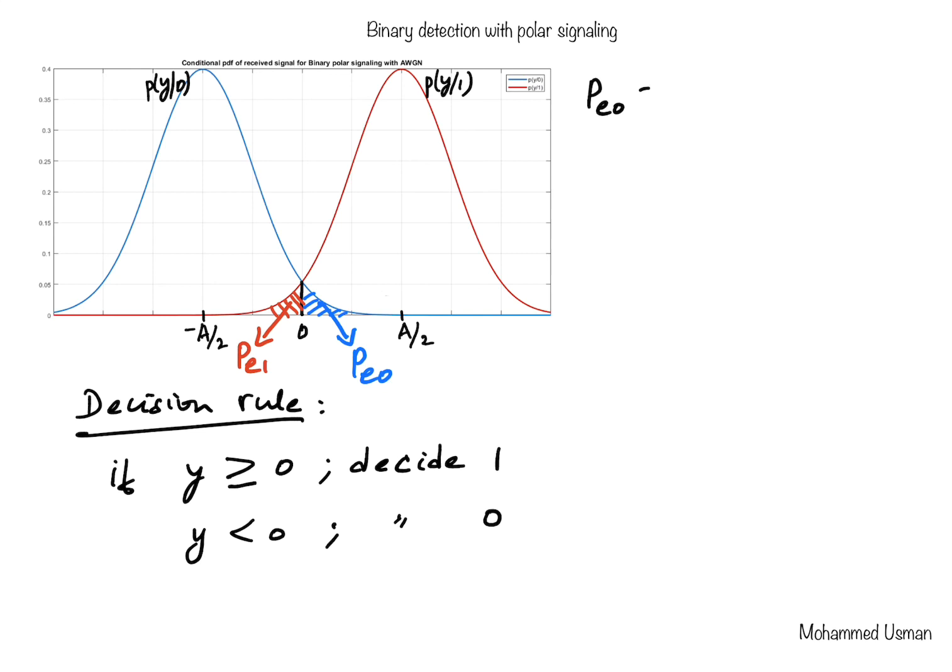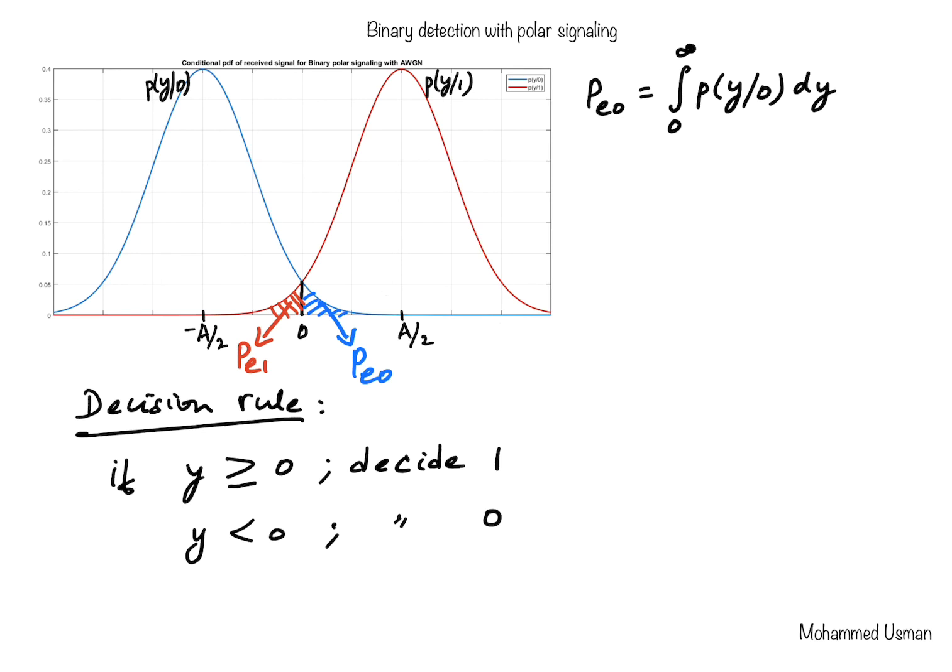PE0 is the area under P of y given 0, the conditional PDF of y when 0 is transmitted, to the right of the threshold, that is from 0 to infinity. So the area under a curve is integration, so it's the integral from 0 to infinity of P of y given 0 dy. So that's the error probability for 0.